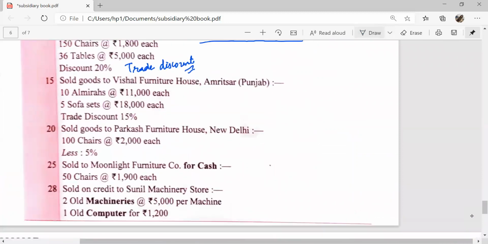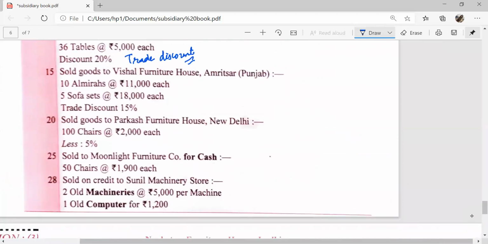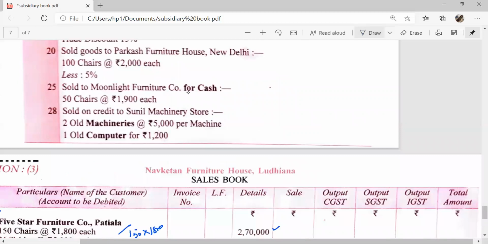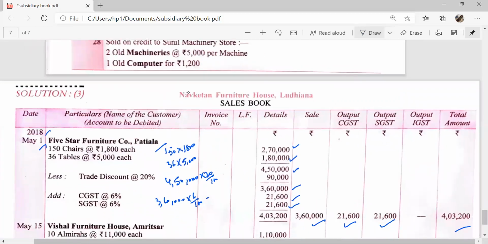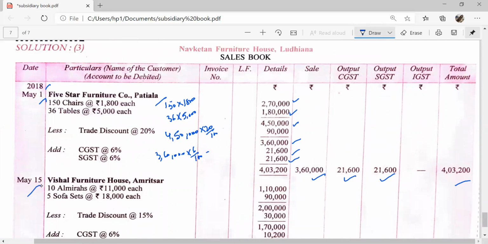15th May, sold goods to Vishal Furniture House, Amritsar, Punjab, 10 almirahs at rupees 11,000 each, 5 sofa sets at the rate of rupees 18,000 each, trade discount 15%. 10 almirahs into 11,000, 1,10,000, 5 sofa sets into 18,000, 90,000.